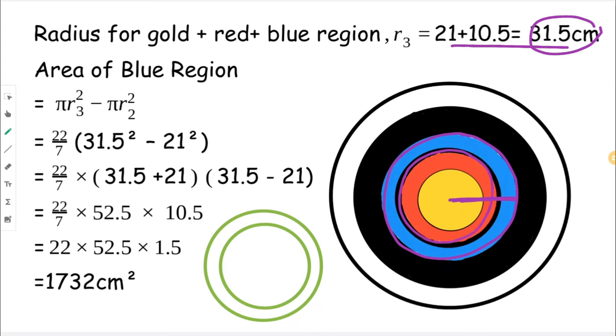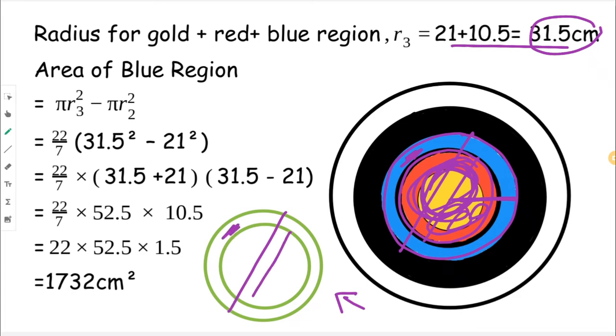So the bigger circle minus the smaller circle, I'll get the blue region. Of course, you can see this gold, but remember we're taking this to be just one circle. So it will look something like this, right? The bigger circle minus the smaller circle, I'll get this blue region.